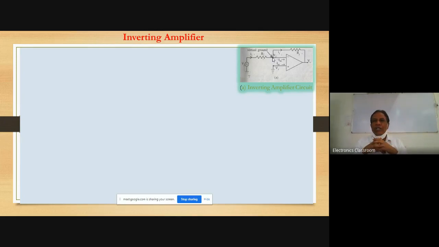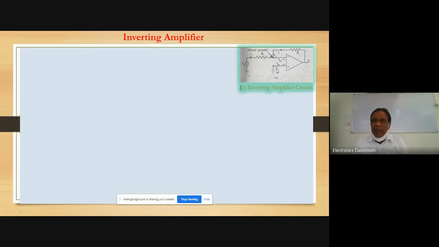The virtual ground is a point anywhere in the circuit which does not draw any current but has 0 volt potential. The similarity between the ordinary ground and the virtual ground is that both have 0 volt potential, but the ordinary ground draws infinite current and the virtual ground does not draw current.